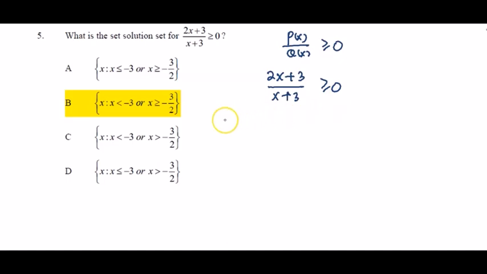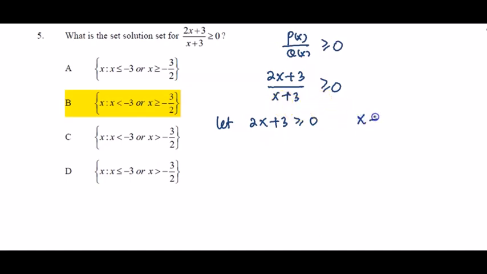In order to use a number line, I'm going to assume that all the factors and the divisor are greater than 0. Since here you have equals to 0, you have to be very careful with a rational inequality. You can let 2x + 3 be greater or equal to 0 because here it includes the 0. So 2x + 3 can take the 0 because 0 divided by any number gives 0. So when 2x + 3 equals 0, it satisfies this inequality.